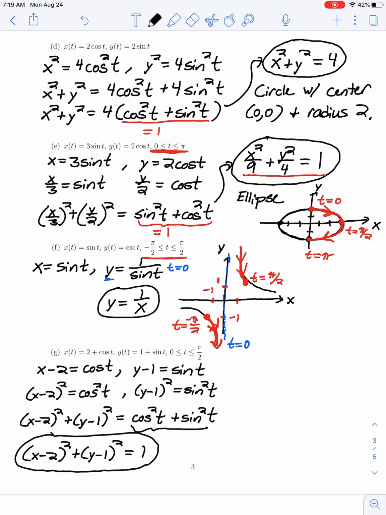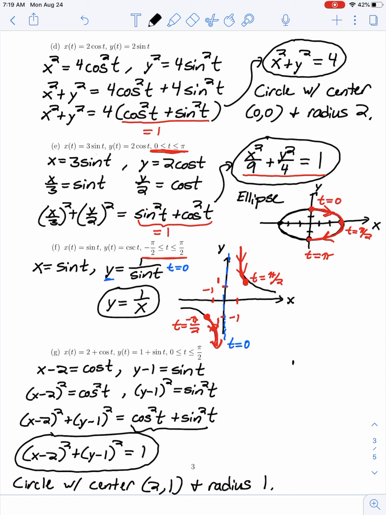So this would be our Cartesian equation, or rectangular equation, describing our curve. And we recognize this as the standard form of the equation of a circle with a center of 2, 1, and radius 1.